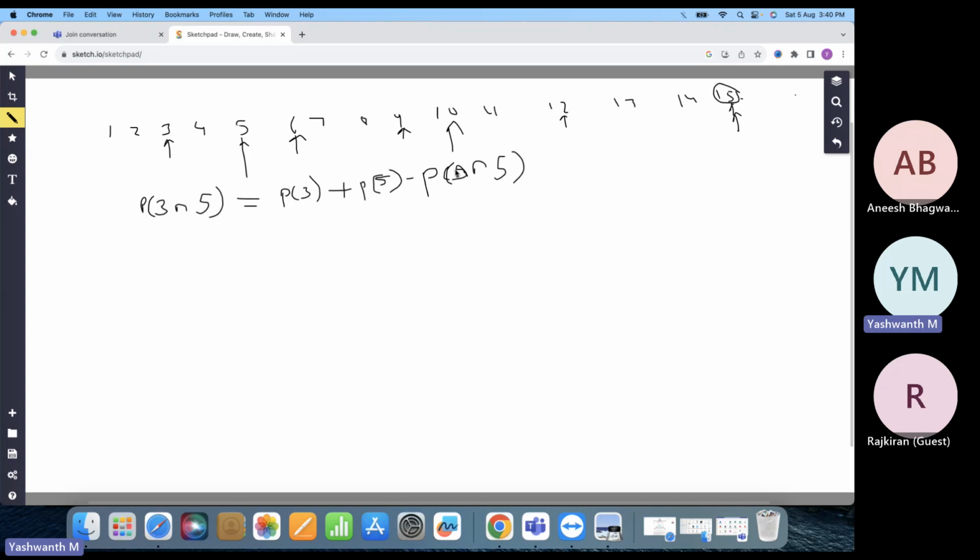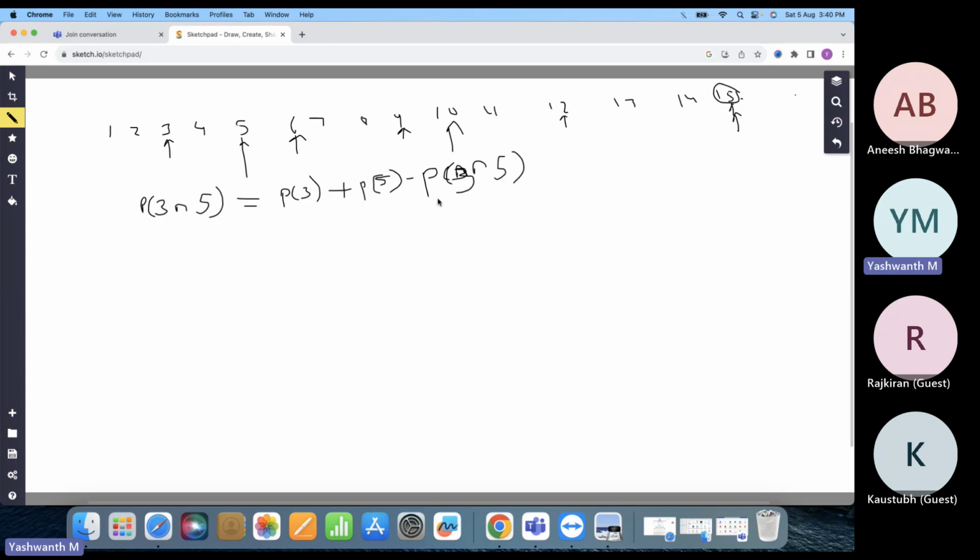So here there is a meaning to 3 and 5. This is not something weird we are doing. P of 3 is the probability of the set that is divisible by 3, P of 5 is the probability on the set that is divisible by 5, and 3 intersection 5 is the probability you are computing on the set that is divisible by both 3 and 5.